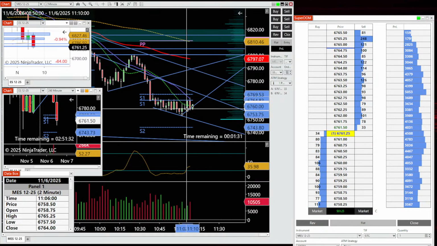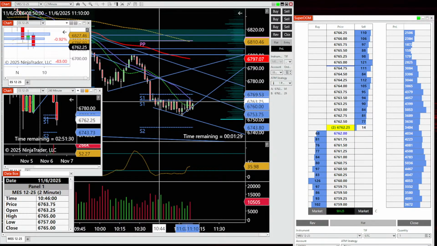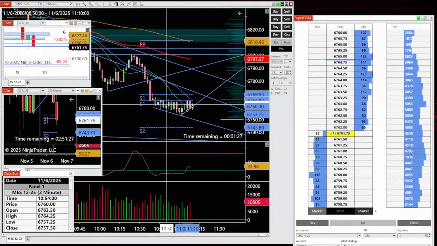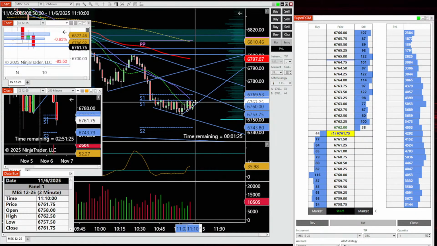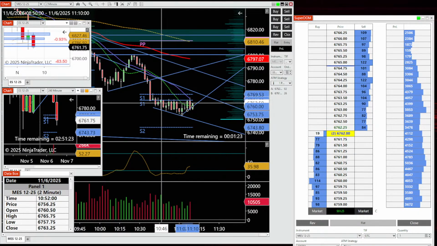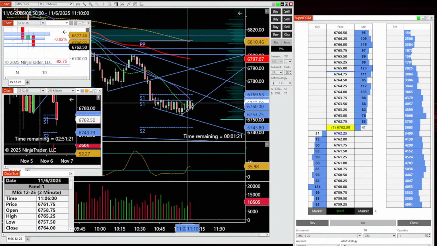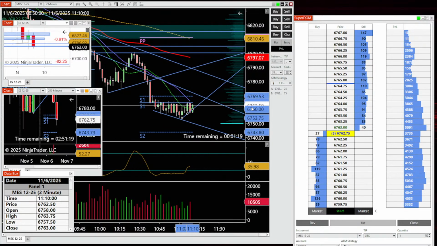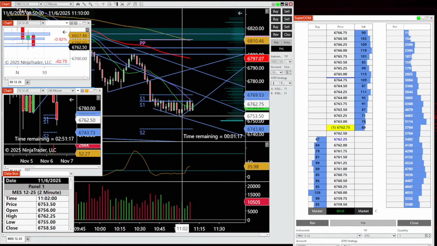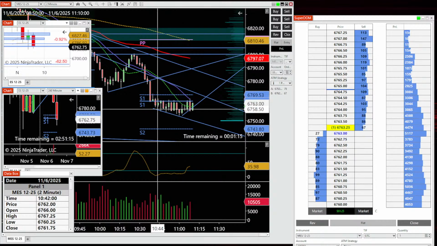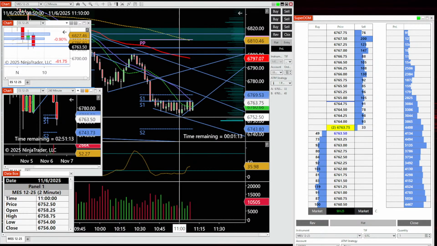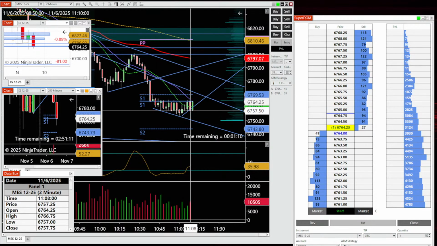All right, so I'm looking at a different one. If we come here, look at this, it could be a head and shoulders, a weird one, an inverted head and shoulders from the low. Low of 54.